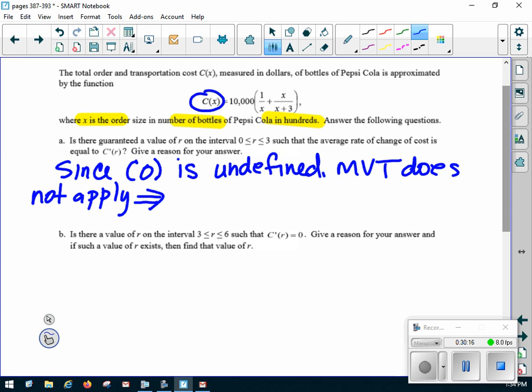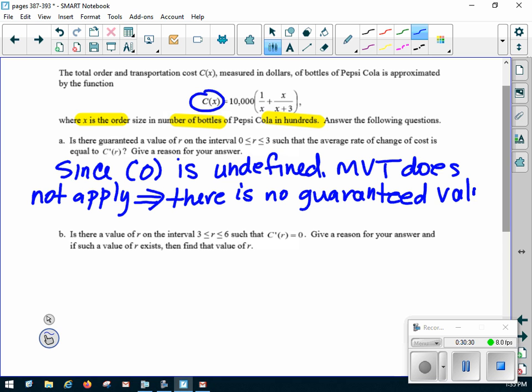Now, what does that mean? There is no guaranteed value on the closed interval 0 to 3 such that IROC equals AROC. It might be there, but it's darn sure not guaranteed by the mean value theorem.